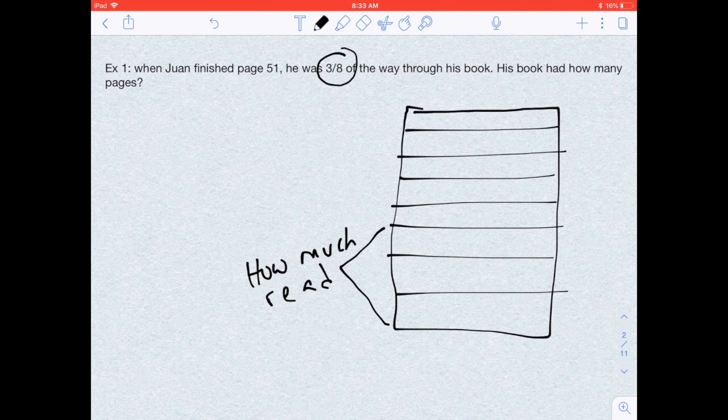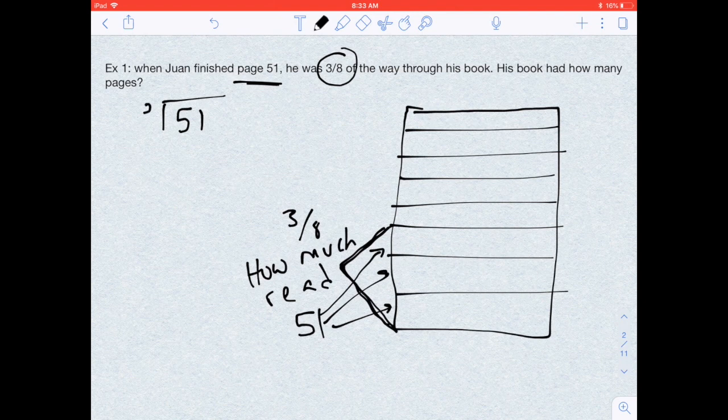And it says that he read 51 pages because he ends on page 51. And those 51 pages count for 3/8 of my fraction. So the question is, how can I split these 51 pages into my 3 boxes? I'm not going to divide it by 8. I'm going to divide it by 3. 3 goes into 5 one time.